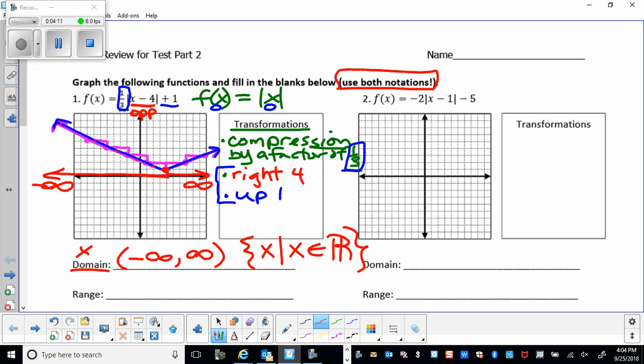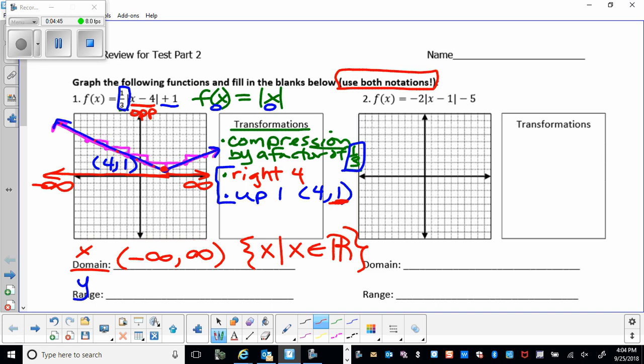Okay. And then the range is going to be the y values. So that's my up and down. Where is it going? Well, the vertex actually tells you what your range is going to be. My vertex here is at right 4, up 1. So that 1 is the lowest y value that I can have.